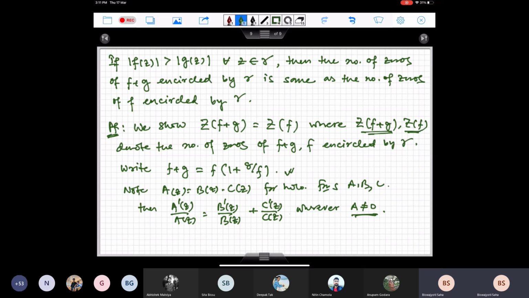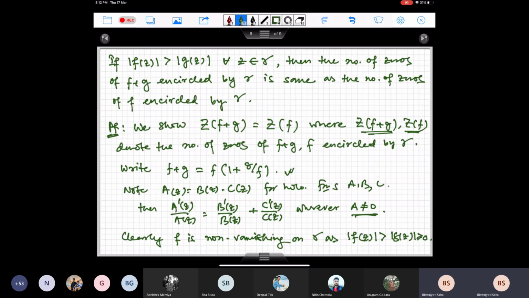So clearly f is non-vanishing on gamma as mod of f(z) is strictly bigger. Remember, this one is a strict inequality. It's strictly bigger than mod of g(z), which is of course bigger than or equal to 0.